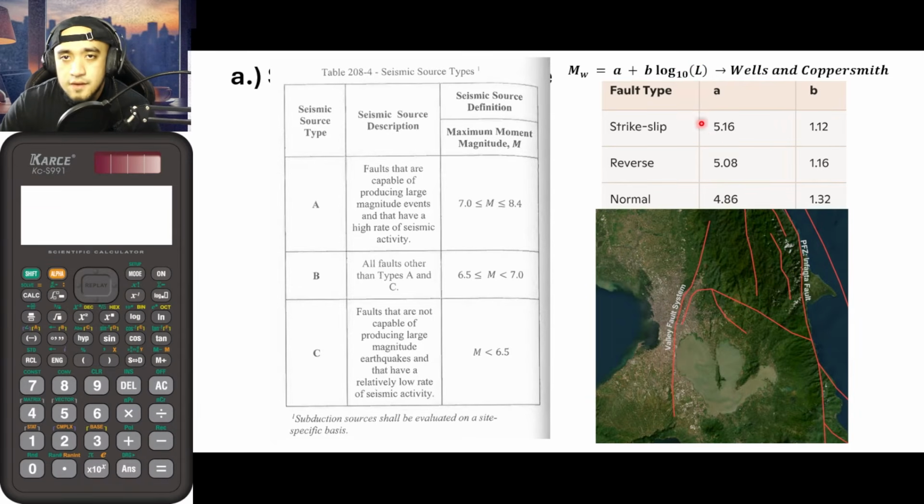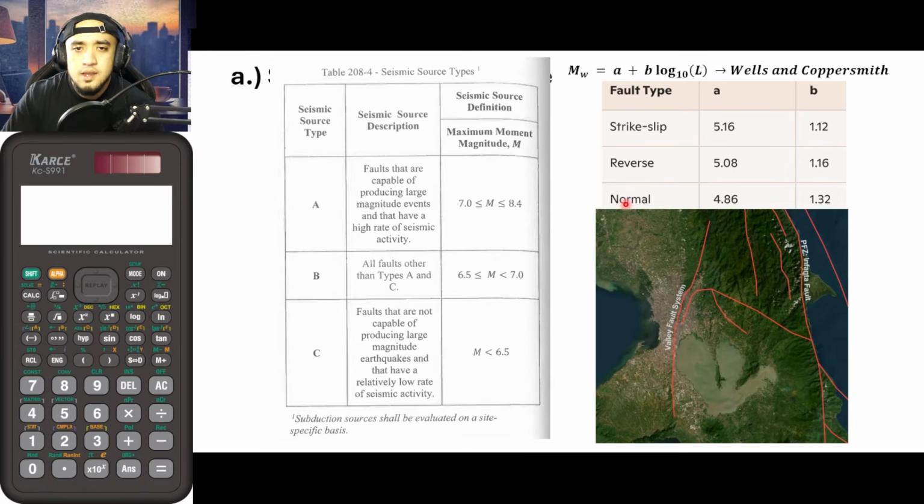Take note that the value of L must be in terms of kilometers. And also, you must know its fault type. Would it behave in a strike slip manner, in a reverse manner, or in a normal manner? All fault lines would differ, no? So depending upon the fault line, you should know the fault type.